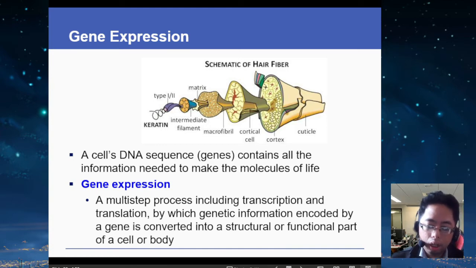Then that translation will build something, a protein. The protein will build a cell. A cell will build a tissue. A tissue will be an organ. An organ becomes a system, right? So it is a multi-step process. It means that if you change somebody's DNA, the person doesn't change instantly. It actually takes time for them to change.